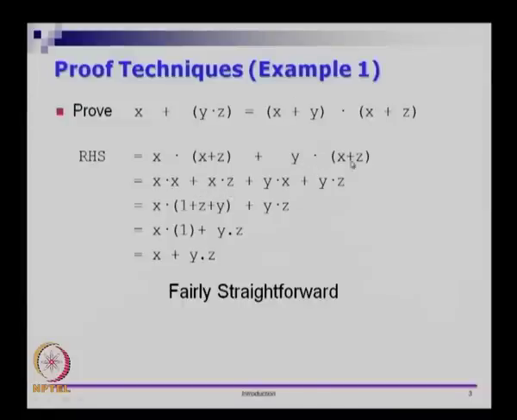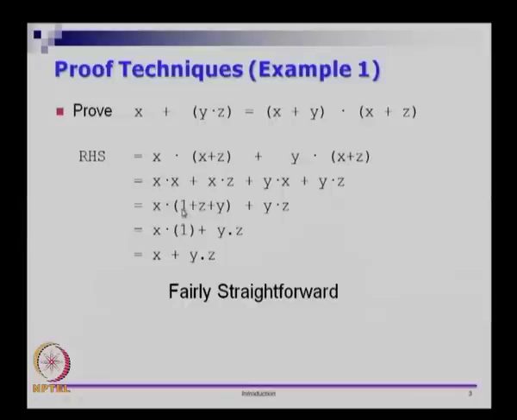So, essentially you are taking the product into the terms here. So, that gives you 4 terms here, and if you look at these 3 terms here, there is x which is common in all of these. So, you can rewrite it as x and, so this gives you 1, this gives you z, this gives you y. So, 1 or z or y, and you have y and z which we keep as it is.